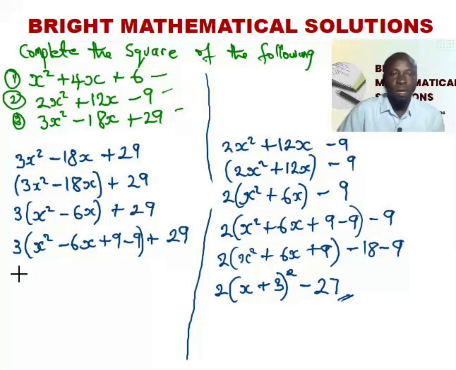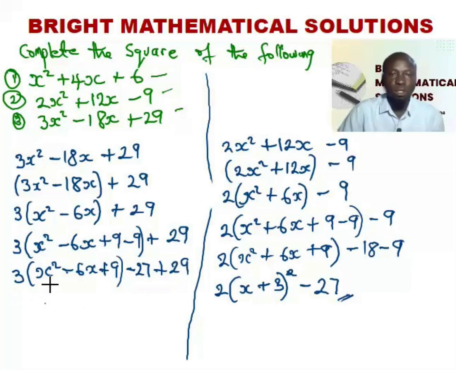So from here we can then say 3 into x squared minus 6x plus 9, we close the bracket. We are bringing this particular one outside, and when you multiply it by 3, that gives us minus 27 plus 29.